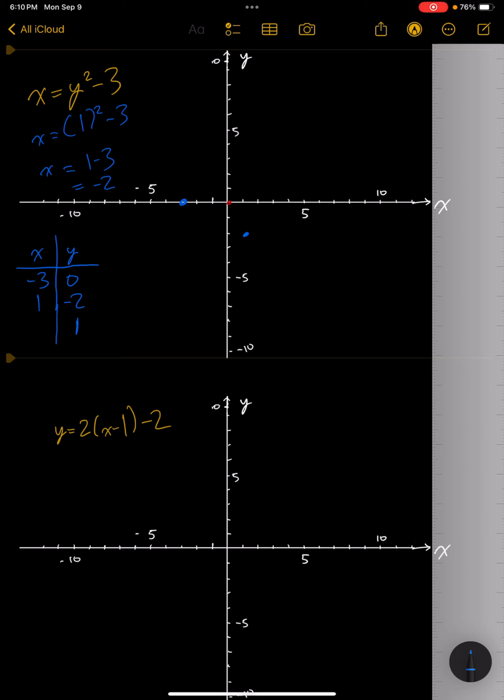So we got minus 2, 1. Okay, let's look at y equals minus 1. Well, if I have a minus 1, it's still going to be 1, and that's 1 minus 3, minus 2. So at y equals minus 1, x is also equal to minus 2.